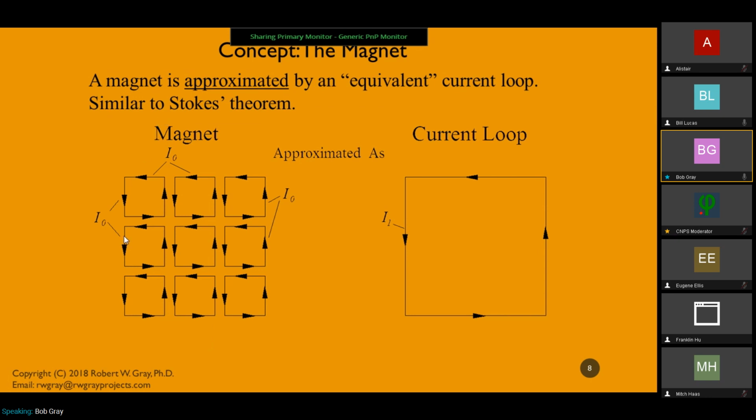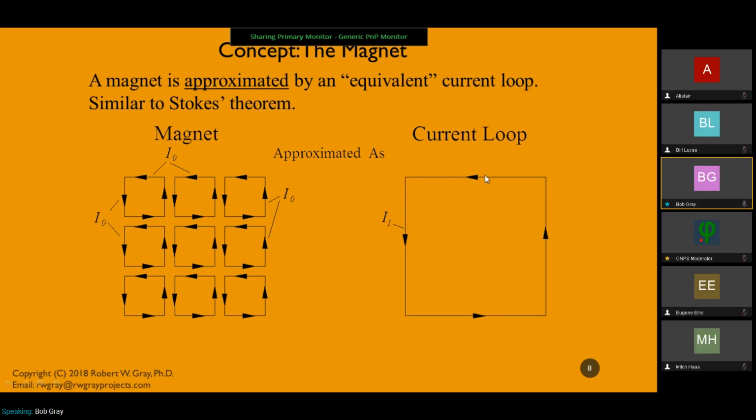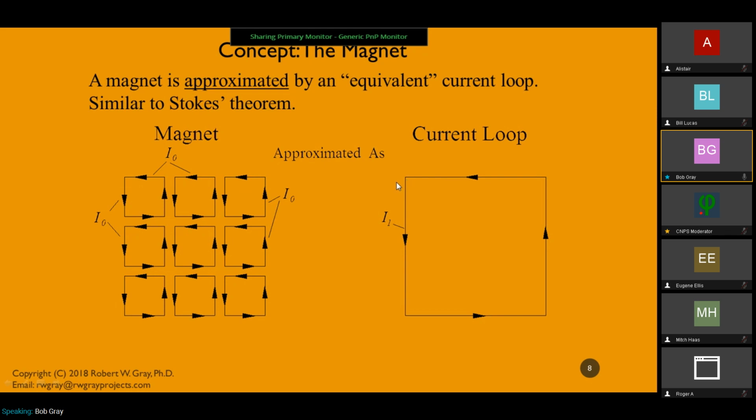Here's a magnet. A magnet is composed of a lot of small current loops all jammed together. And if you integrate over all these individual current loops by something similar to Stokes' theorem, really that's equivalent to just one big current loop around the perimeter.